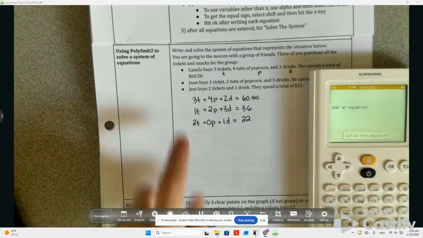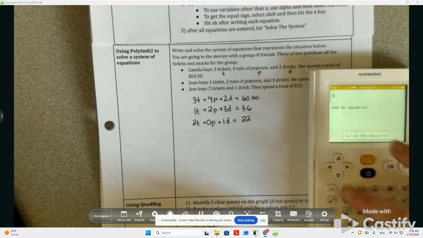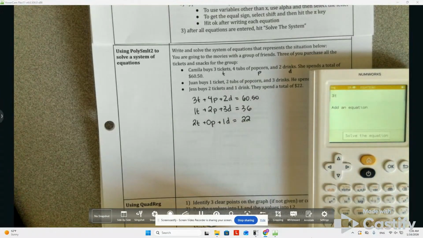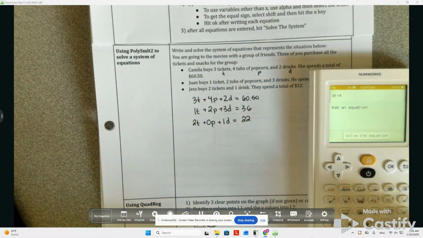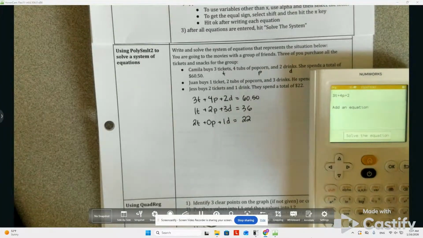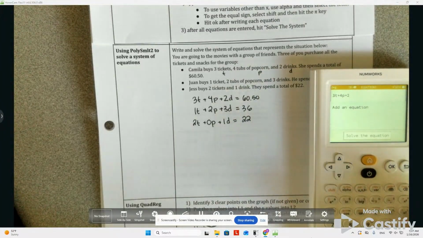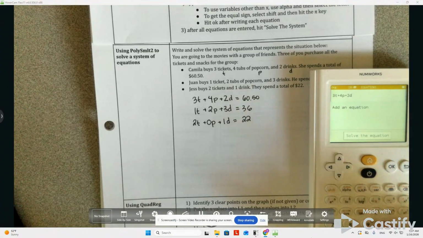But to start from scratch here, 3t, so 3 and then alpha t, plus 4 and then alpha p. Where's p? There we go. Plus 2d, alpha d. And then equals, we're going to do shift pi to get equals.